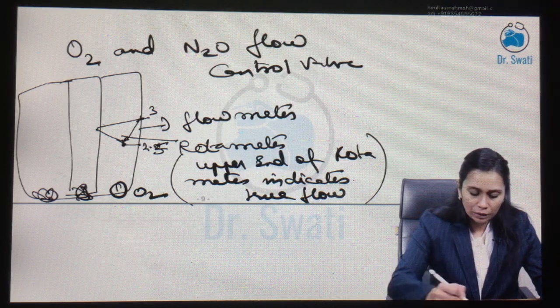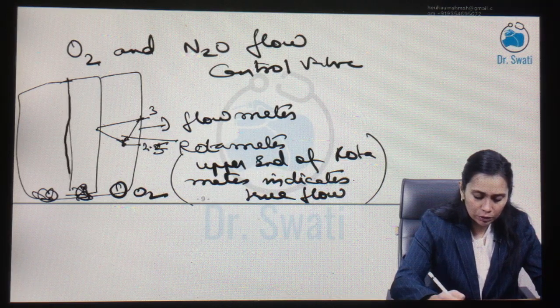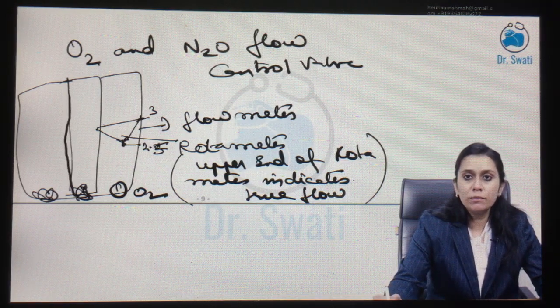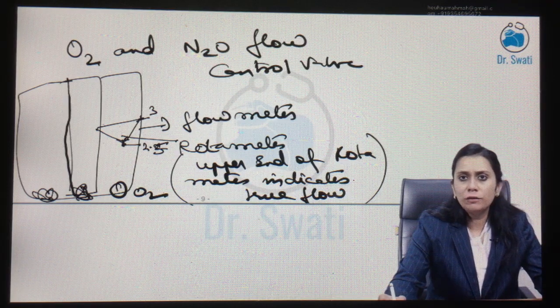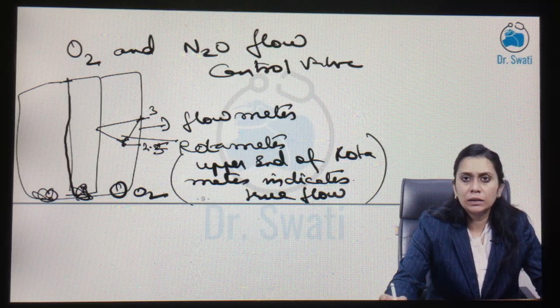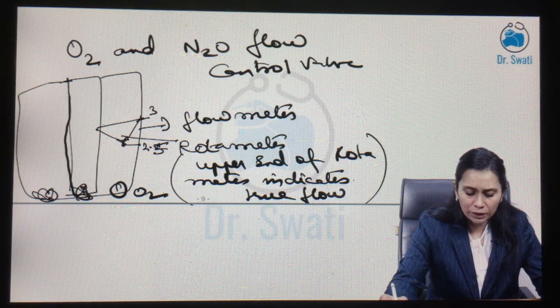Got it? This tube which we were talking about is not a tube with uniform geometry. Since a wide range of flow has to be shown, the lower part of the tube is cylindrical and the upper part is conical. This special tube was made by Thorpe, and on his name it's called Thorpe's tube.